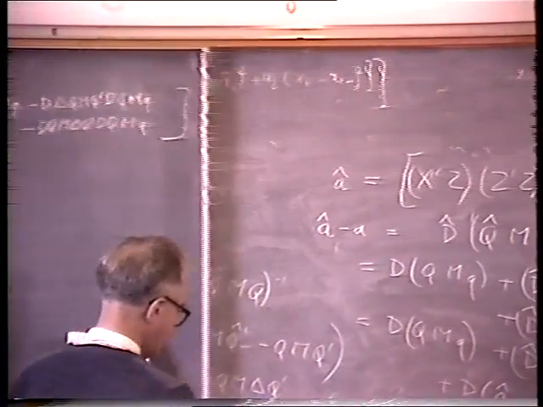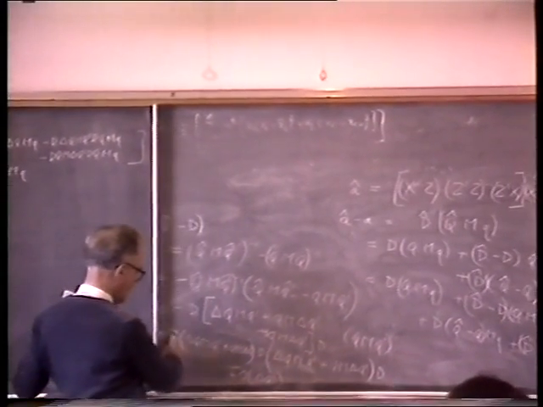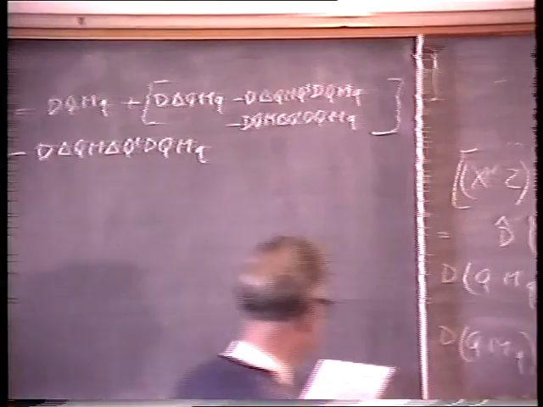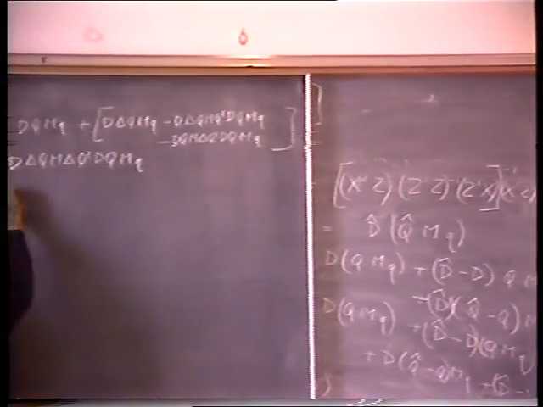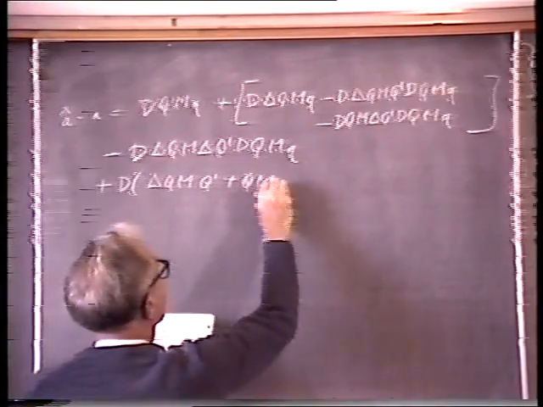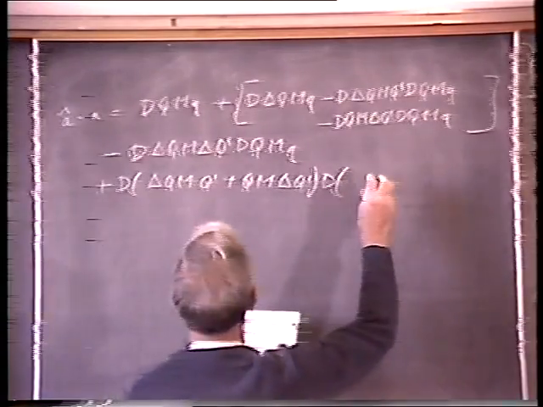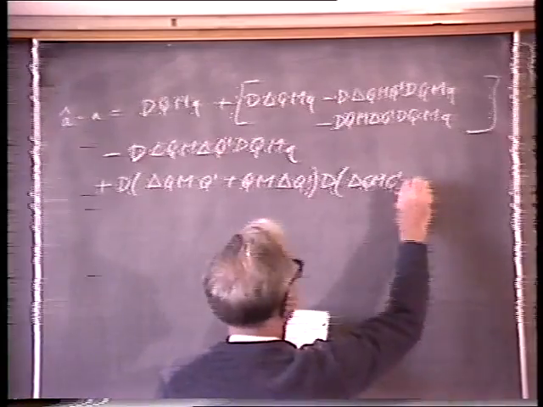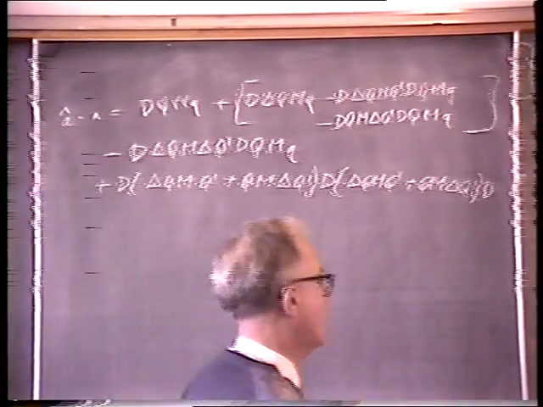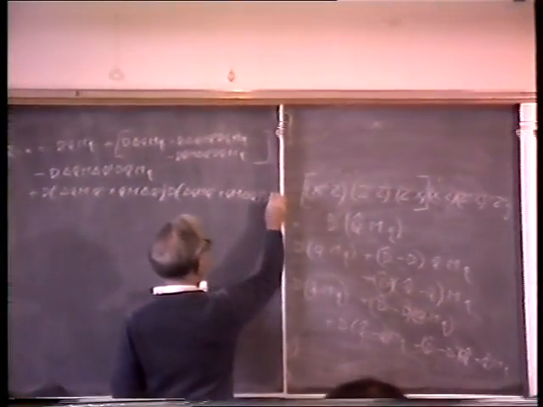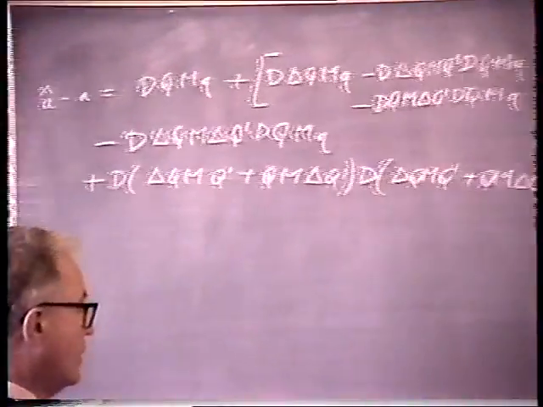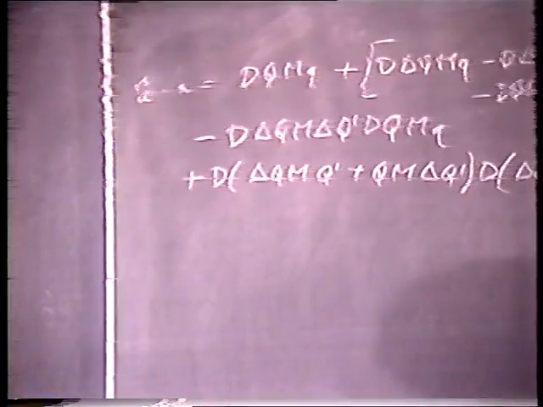Then we substitute into here this last term for d hat minus d into this term, and that gives us plus d into delta q m q primed plus q m delta q primed into d into now the same thing again, delta q m q primed plus q m delta q primed times d, and that's the last term in that d hat minus d expansion multiplied by q m q. So that's finished that term off.